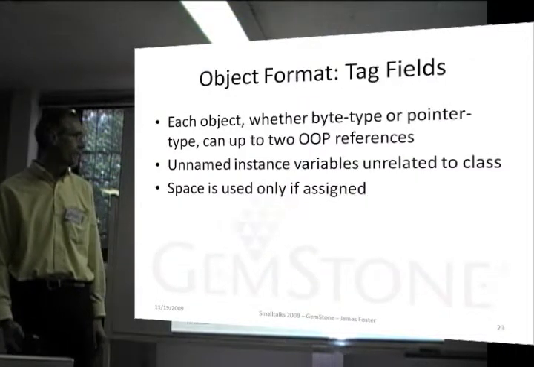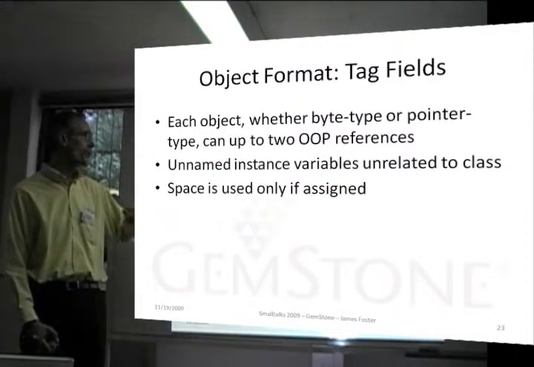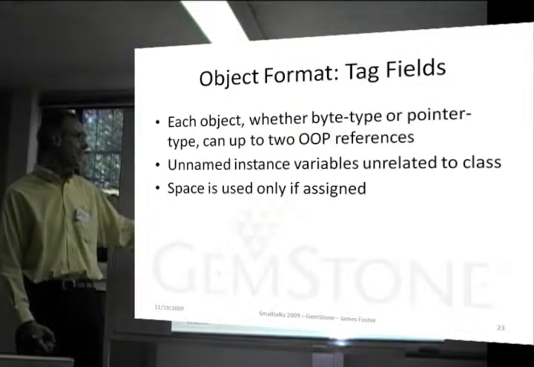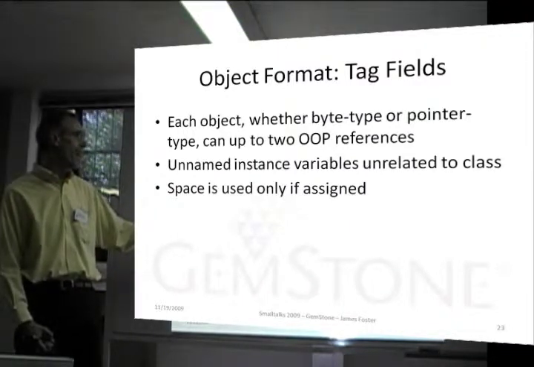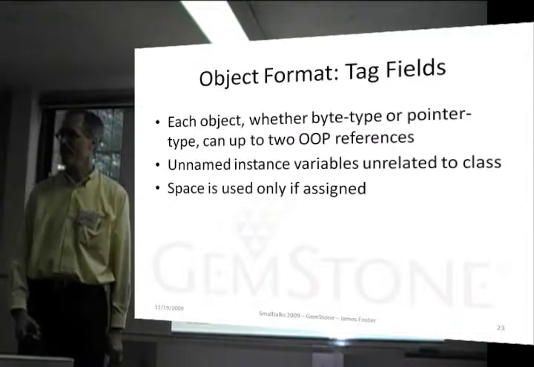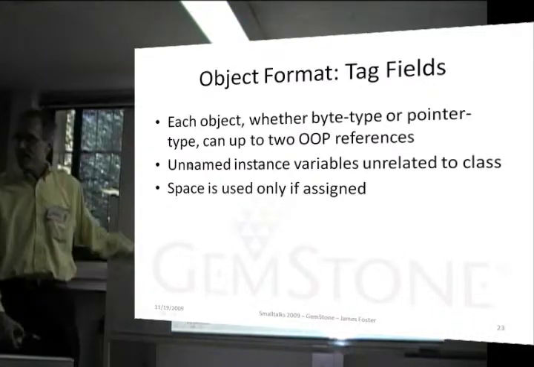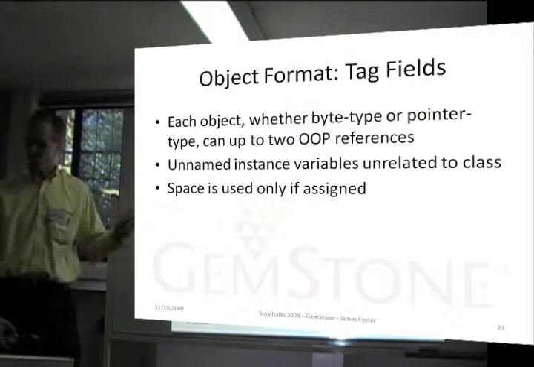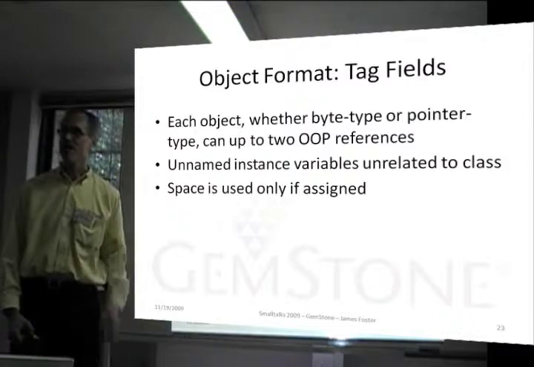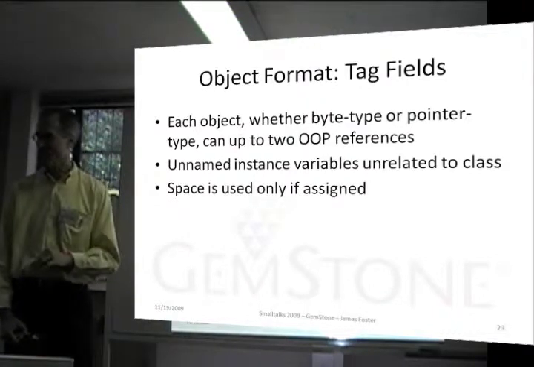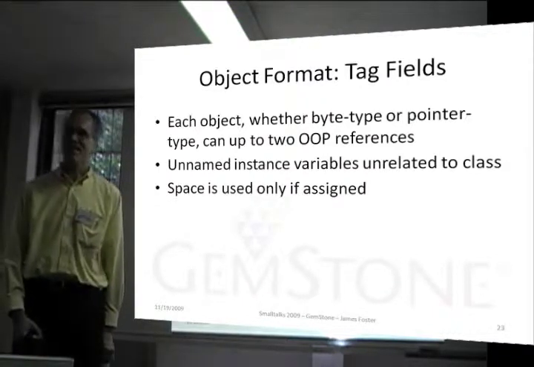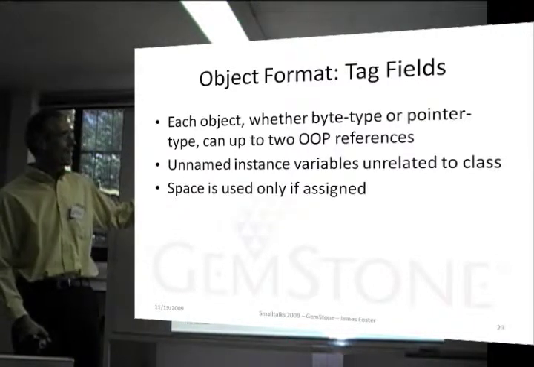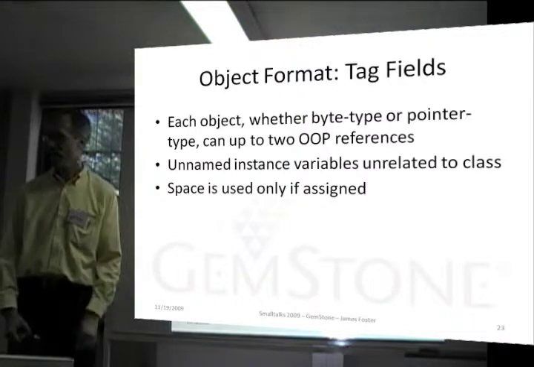And then the default is world read. Then tag fields can have 2 object references, and these are unnamed instance variables unrelated to the class, and its space is used only if assigned. The tag does not add behavior. This is only instance variables, yes. So this is not traits. This is not something that gives you that. The virtual machine simply holds onto this.